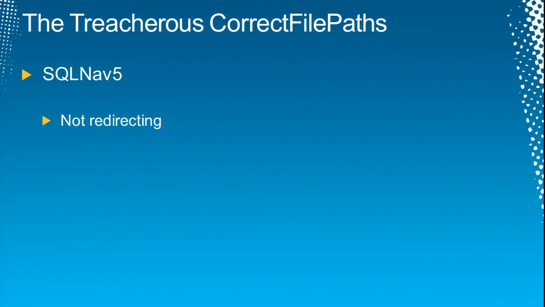Next case study. There's a couple of ones I'm going to tuck into this one because this one was just a really interesting and eye-opening one. Correct file paths is one of the trickiest shims we have, and the reason is that it is ruthlessly literal. And the reason we are ruthlessly literal is because that API shims Windows APIs such as CreateFile.